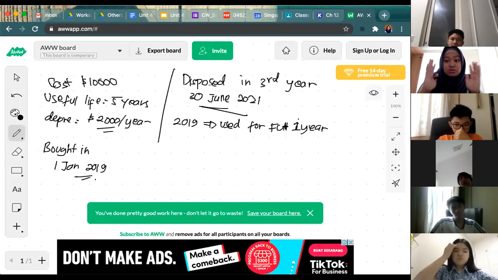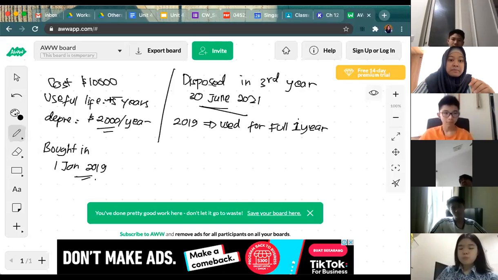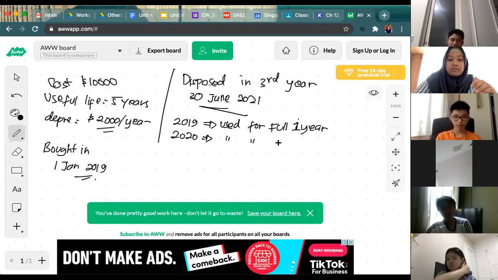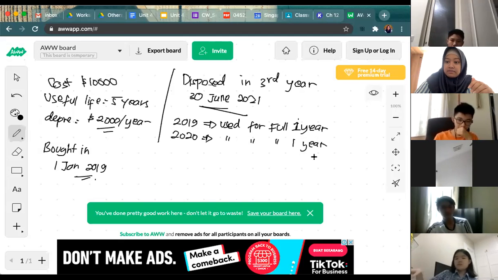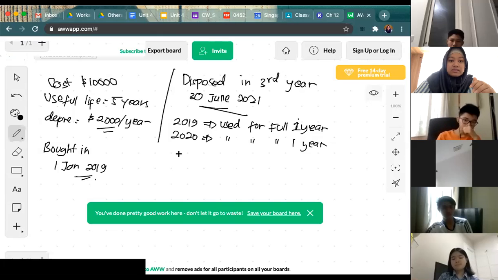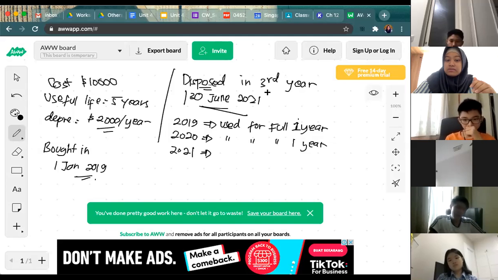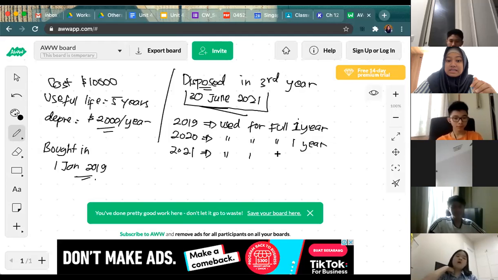It is used for the full 2019. In 2020, used for another 1 year. And in 2021, you sold it on 30 June 2021. It means it is only used for 6 months until it is sold. Do you get it?